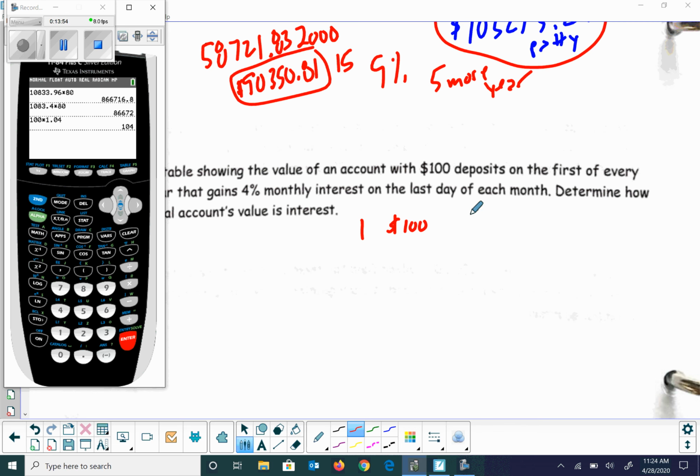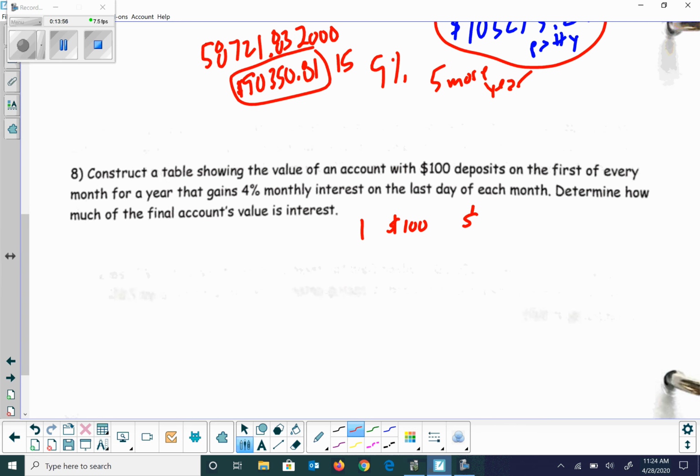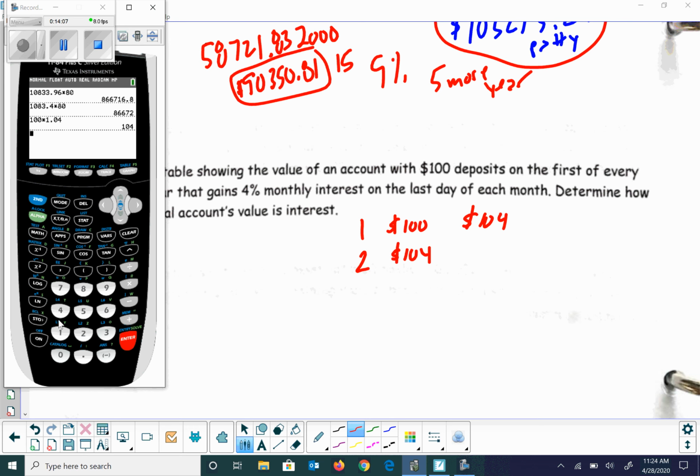So that gets to 104. So second month, we're talking about 104. And again, I'm going to take that 104 and multiply it times the 1.04. So 104 times 1.04 is 108.16.